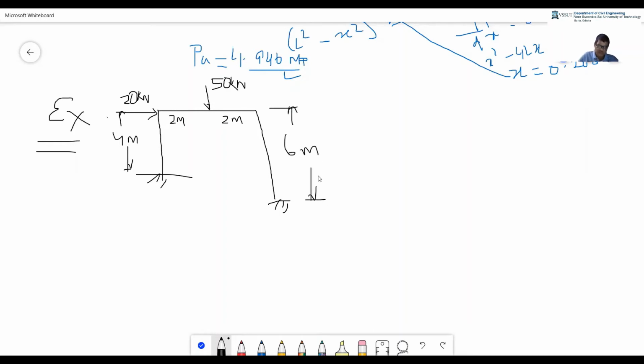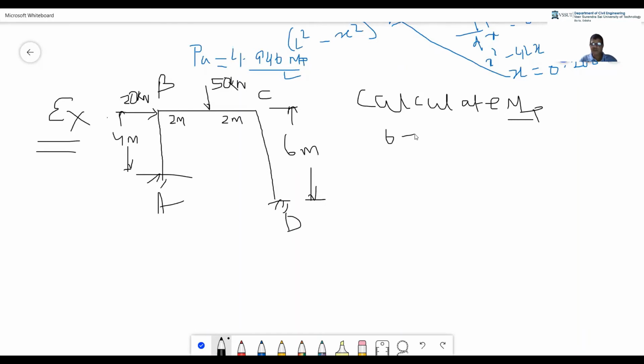What you have to do is calculate MP, the plastic moment capacity. Load is given, you have to find the plastic moment capacity. Now it is A, B, C, and D. Here we again have 6 reactions, 3 unknowns. The number of plastic hinges will be 1, 2, 3, 4, 5.